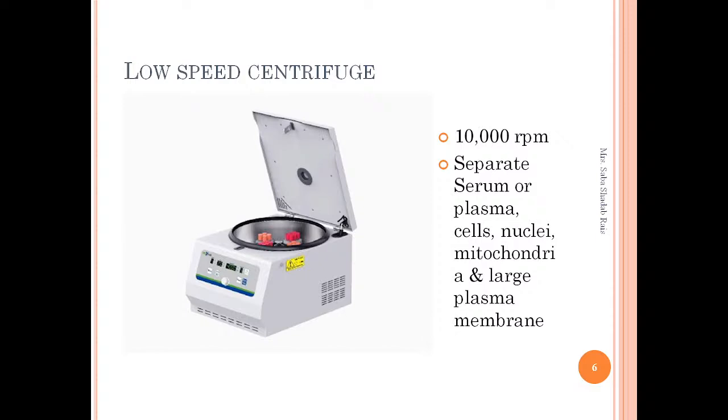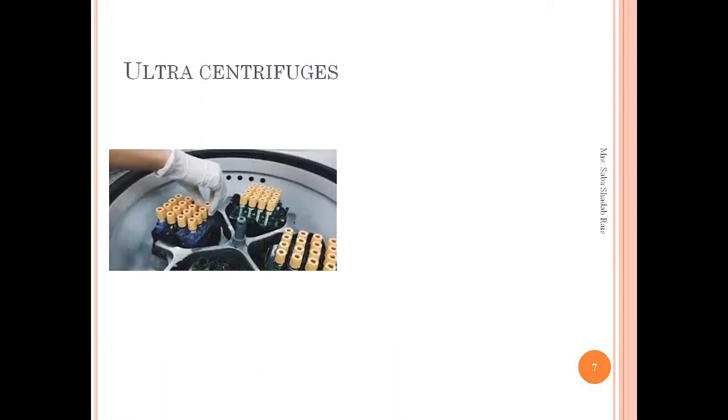So many things we need to check, or you can say the hematological assays are done on the plasma or maybe the serum. So for that separation of plasma and serum, we are using the low speed centrifugation machine. Now next we will talk about the high speed centrifugation machine, that is called the ultra centrifuge machine.